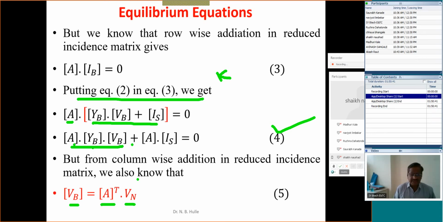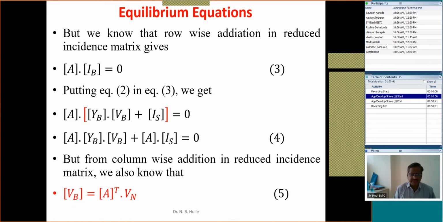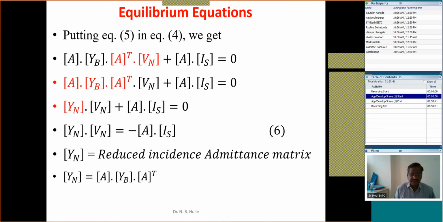Means what we will do, we will substitute this equation here, in the VB, and we will analyze this complete equation, and in that case we will get the final equation which is useful for the calculation of the voltages and currents using this particular method, which is nothing but the reduced incidence matrix method. Now look at here.